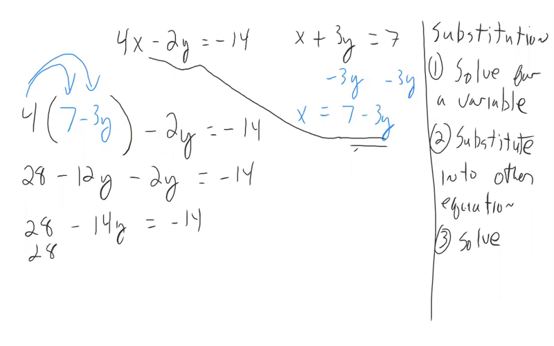Subtract 28 on both sides. Negative 14y equals negative 14 minus 28, which is negative 42. Divide by negative 14. And y equals 3.